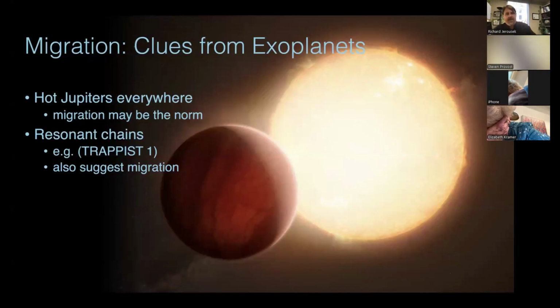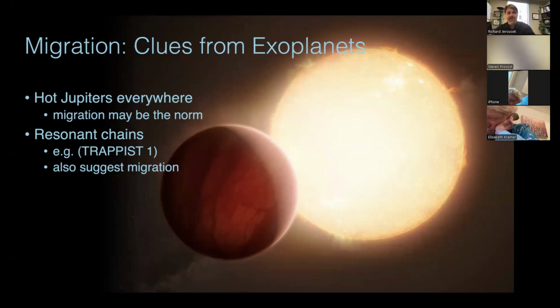So another thing that we see, and we look out at exoplanetary systems, planets orbiting other stars, we see hot Jupiters everywhere. We understand the mechanism by which Jupiters form. They're big, they're gaseous, they have to form outside the frost line.